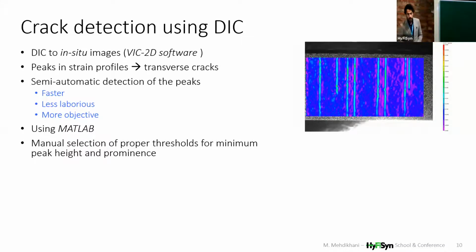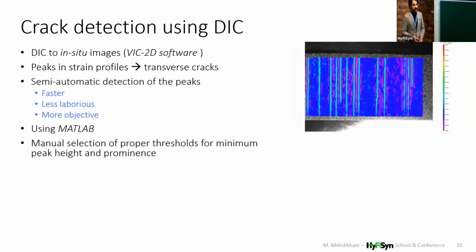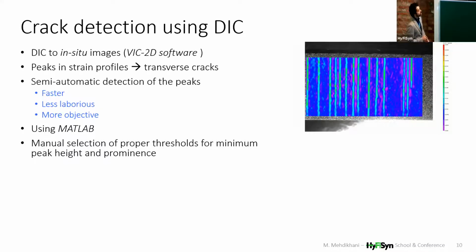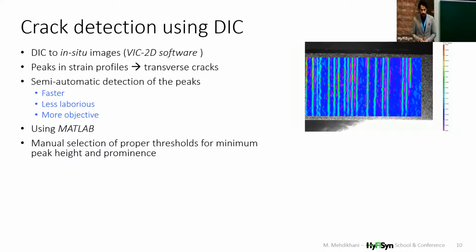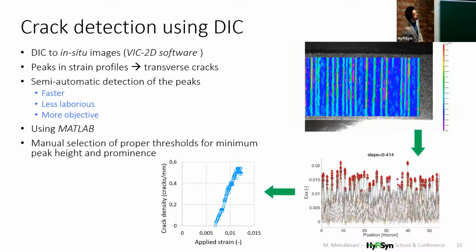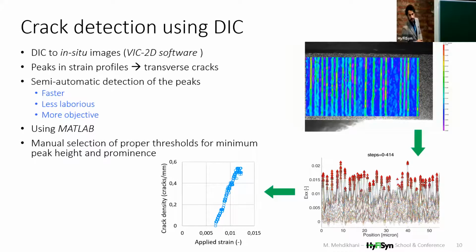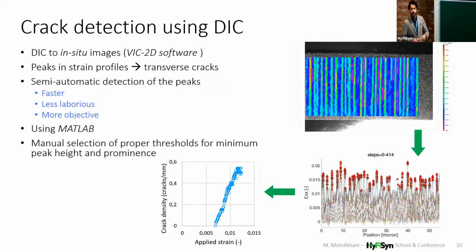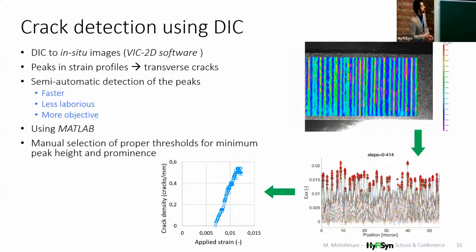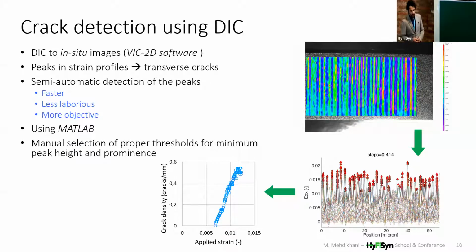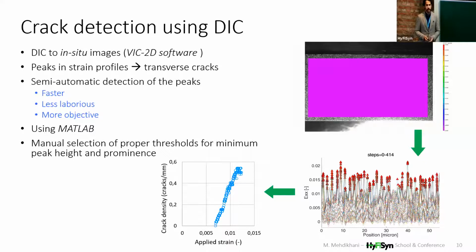And in order to obtain the crack density evolution, we have to count these cracks as a function of time, but we can also do it using a semi-automatic approach, like profiling the strain along a certain line here and detecting the peaks, for example, using MATLAB, and then plot this crack density evolution graph. This approach is obviously faster and more objective and less laborious.